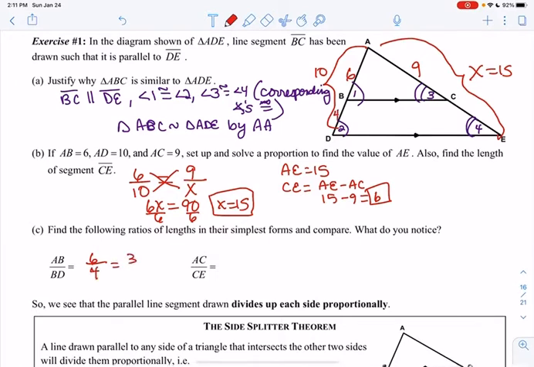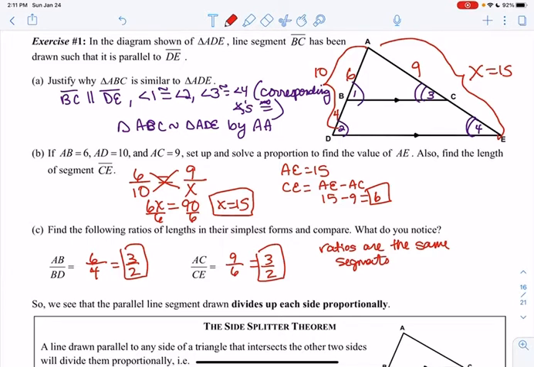And if I reduce that, I get 3/2. And let's do AC. AC is 9, and CE I just figured out is 6. That's also 3/2. The ratios are the same, so the segments are proportional.